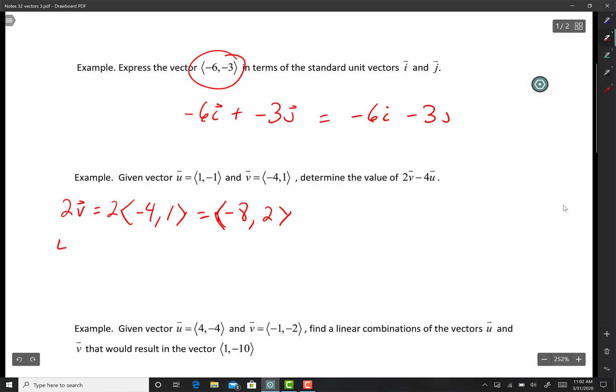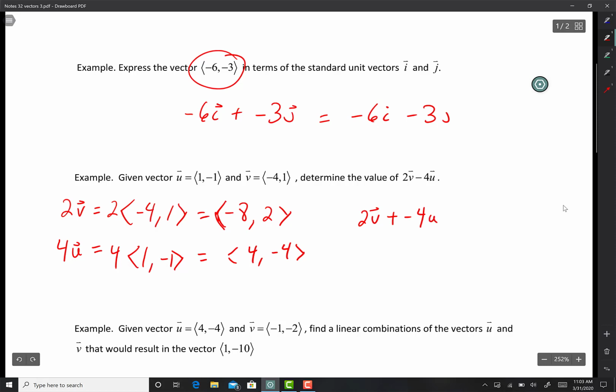All right, let's do 4u. And hopefully I'm not making any mistakes here. 4 times vector u, so 4 times 1, -1, and then that's going to be 4, -4. All right, so now finally the product, 2v. And I always like to do plus a negative, guys. Plus a -4u.